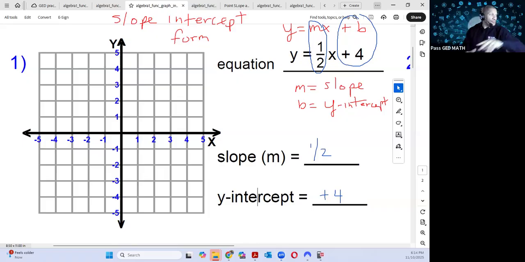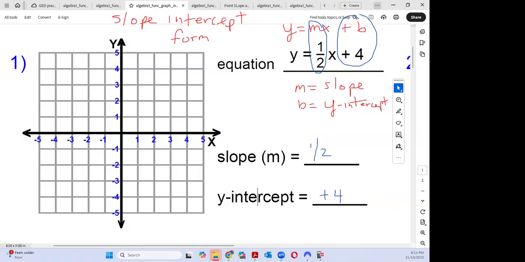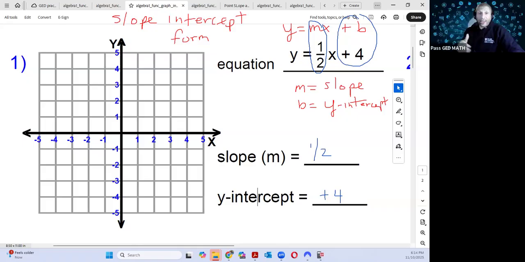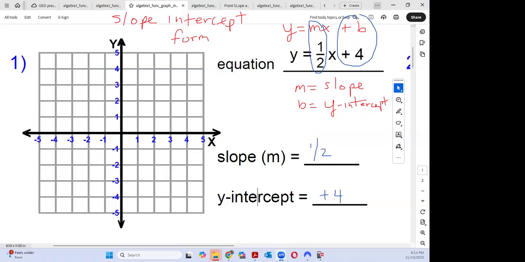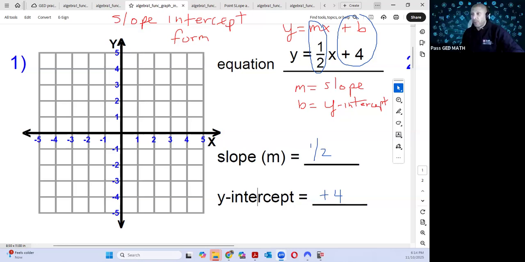Where it crosses the what? Where it crosses the y-axis.